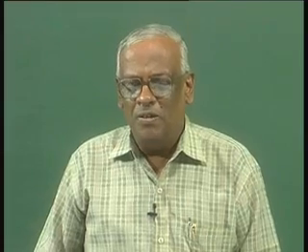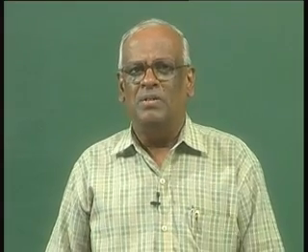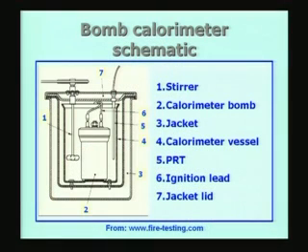So, in this case, during the process of combustion, a certain amount of internal energy has been released by the combustion process. That is the whole point, and because of this the temperature of the calorimeter goes up. If we know the calorific value or heating value of the fuel, in this case benzoic acid, I can use this as a calibration experiment to find out the capital C for the calorimeter.